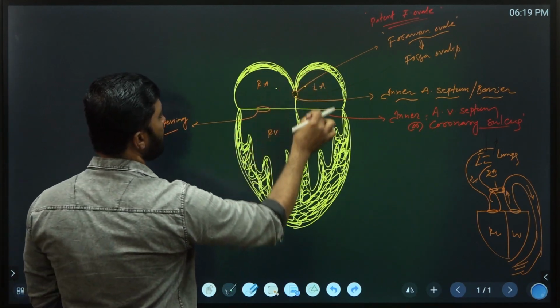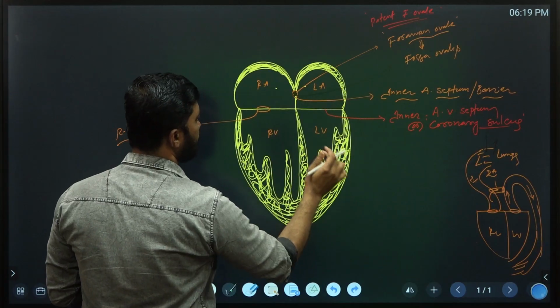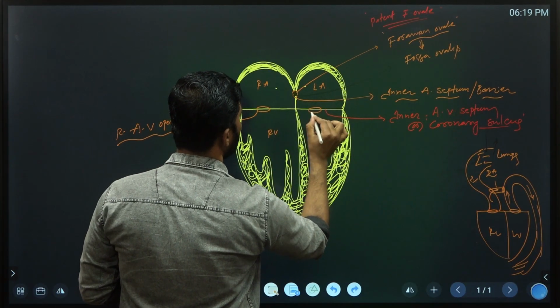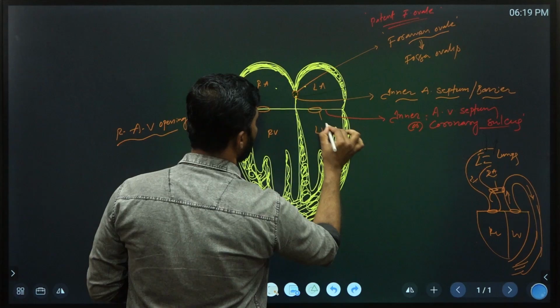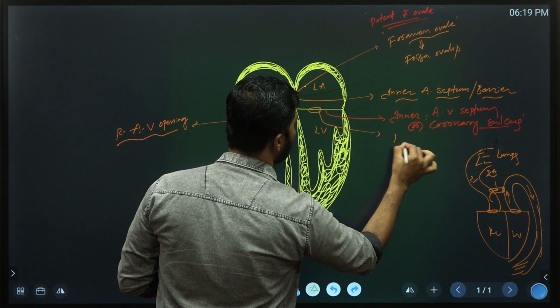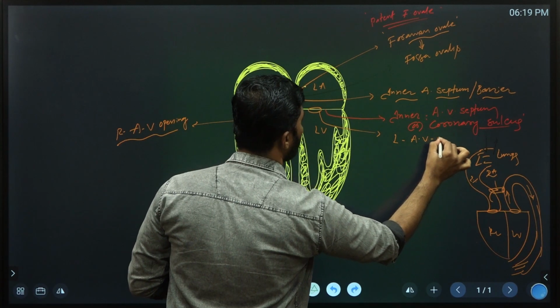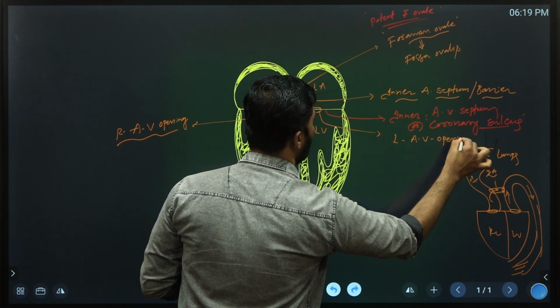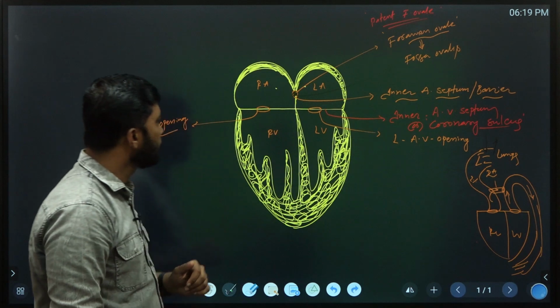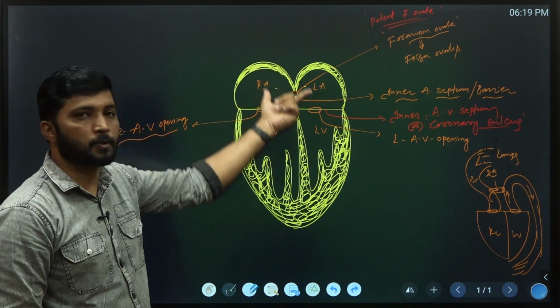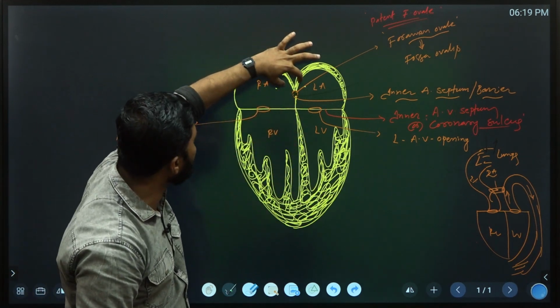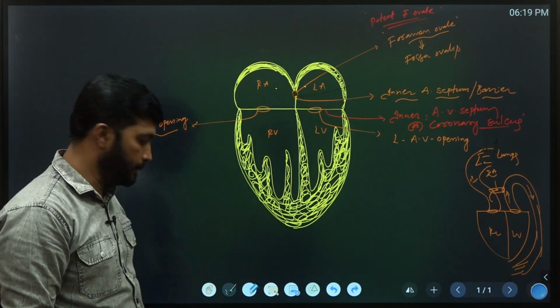Whereas the left atrium, in the same way, opens into the left ventricle by another opening called the left auriculoventricular opening or aperture. These openings help forward the blood from the atria towards the ventricles.